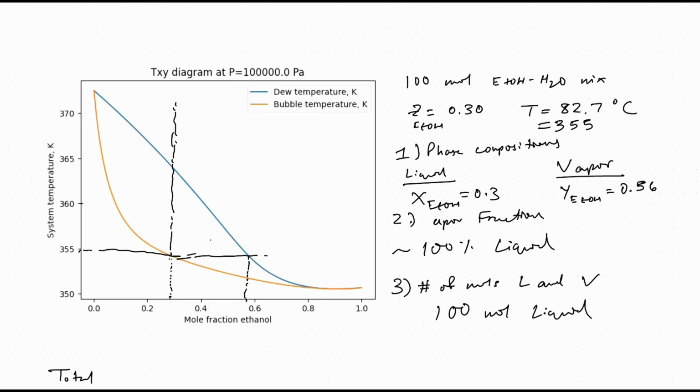Now let's try this at a little bit of a harder point. We'll do this 1 degree hotter. So instead of 82.7, we'll say 84, which becomes 377, roughly speaking.